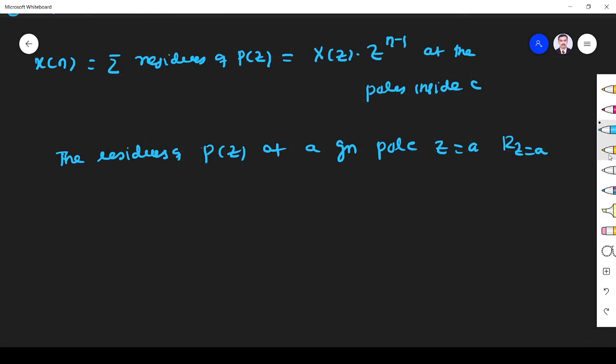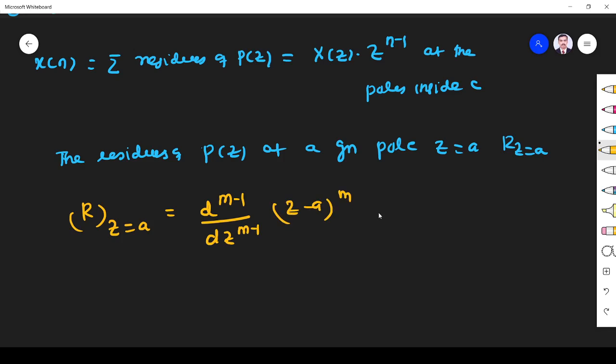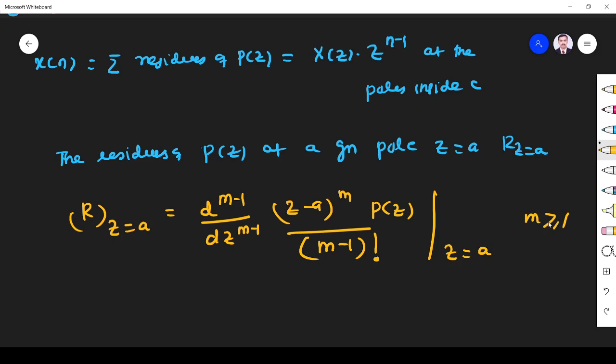The formula to find the residue is given by d power m minus 1 divided by dz power m minus 1 of (z minus a) whole power m times P of z, divided by (m minus 1) factorial, at z is equal to a, where m is greater than or equal to 1. This is the residue.